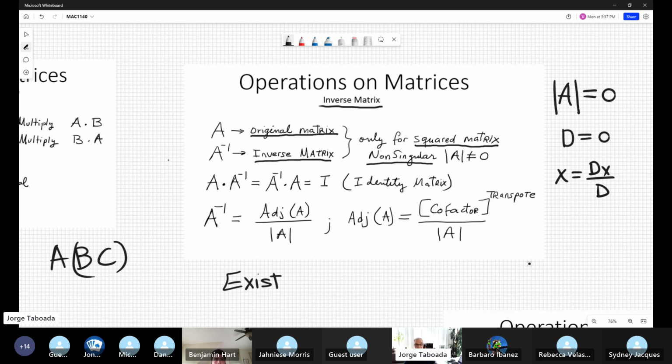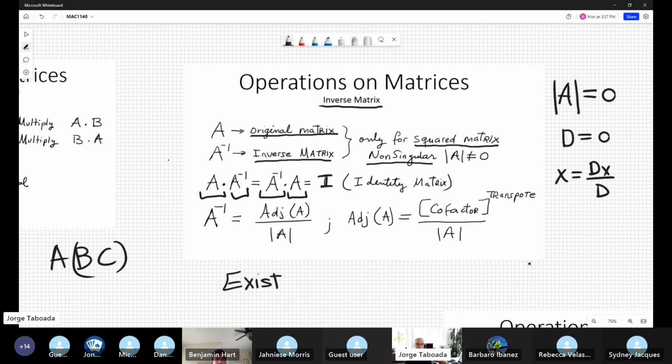And I take advantage of this important property: when you multiply any matrix times its inverse, you can interchange. It doesn't matter if it's post or pre-multiply. It's unbelievable. I want to illustrate it in one example now. And when you multiply each other, the answer gives me the identity matrix.